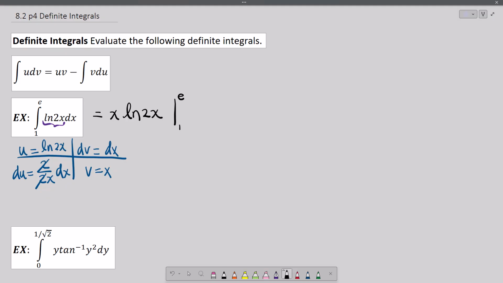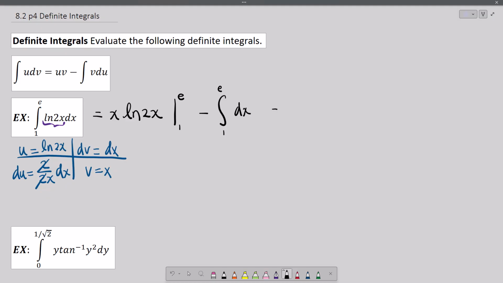Now it is possible to delay and just do all your evaluation, your fundamental theorem of calculus stuff, all at the end. But technically, we do want to have that notation in there. So uv minus the integral from 1 to e. So uv minus integral, bottom row. Oh, what does the bottom row become? Just dx, yeah.